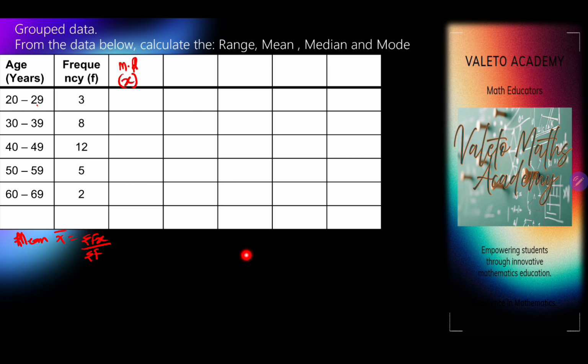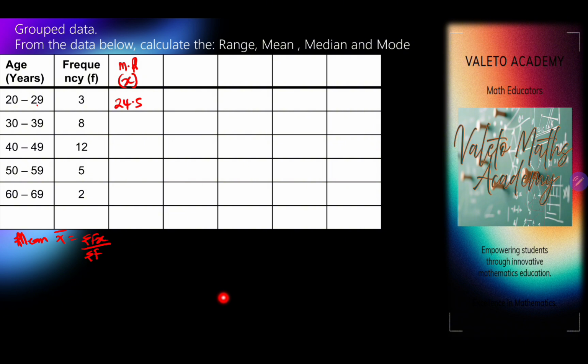So 20 plus 29 is 49, divided by 2 is 24.5. So 24.5 is going to be our working average for the first class.